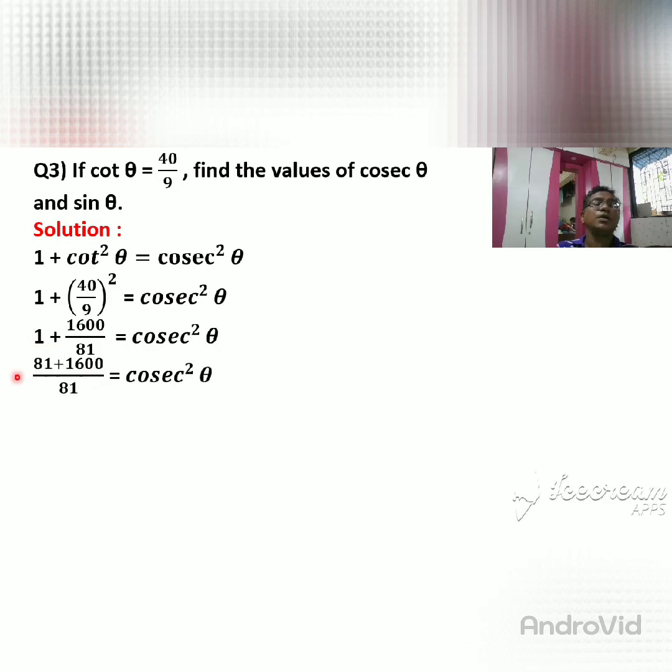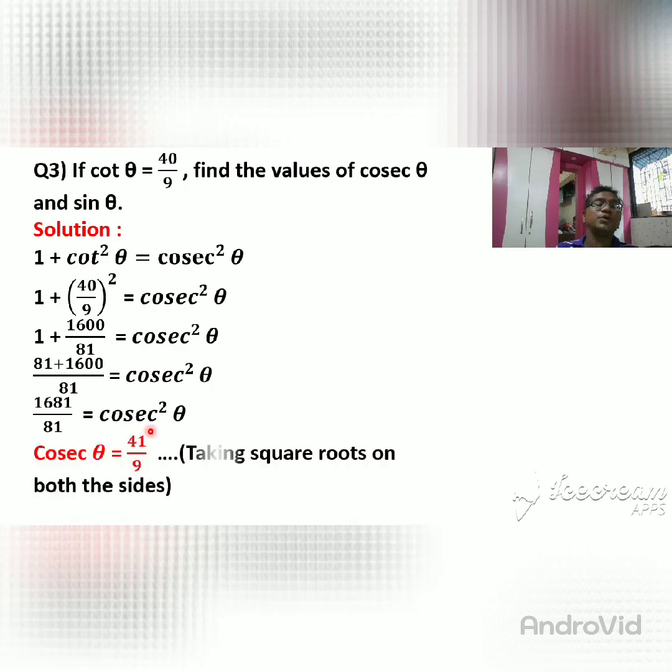The plus sign carries as it is, and 1600 is written as it is. 1600 plus 81 gives 1681. So I write here 1681 divided by 81, equals cosec square theta.